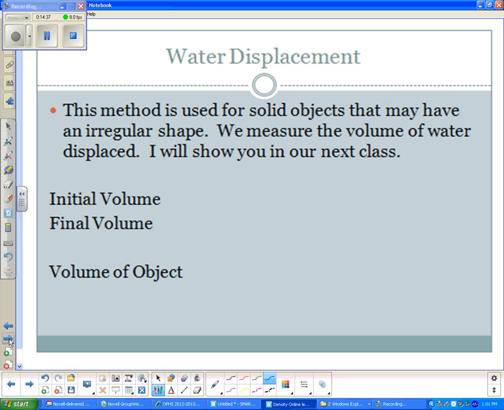Well, you can't take measurements with a ruler and come up with the volume. What we're going to do is the water displacement method. For these irregularly shaped objects, we're going to submerge them in the water and see how much volume or how much water they displace. And I'll show you how to do this in next class. We're not going to submerge Mrs. Gill, though. We're going to use something else.